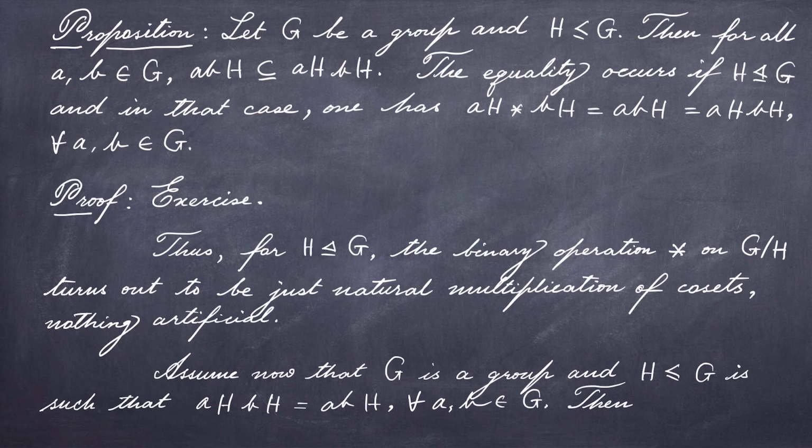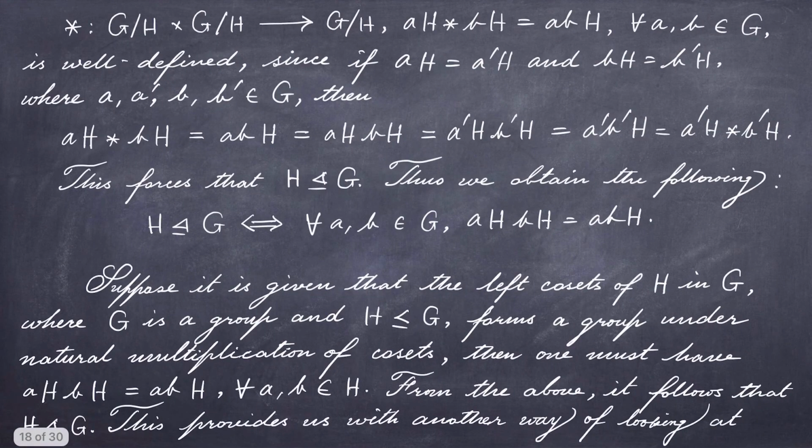So if H is normal in G, then the set of all left cosets becomes a group with respect to natural coset multiplication. And conversely, if it is given that the set of all left cosets forms a group with respect to natural multiplication of cosets, then we get H has to be normal in G.